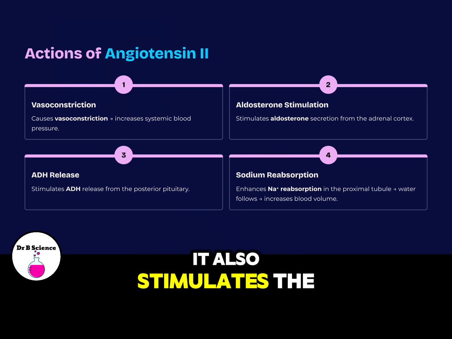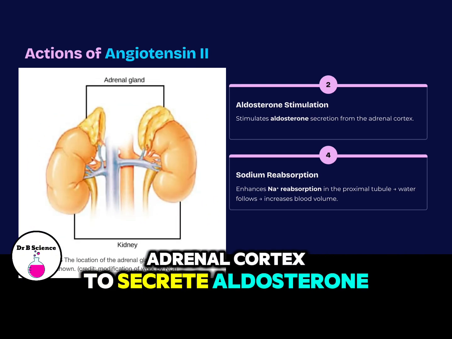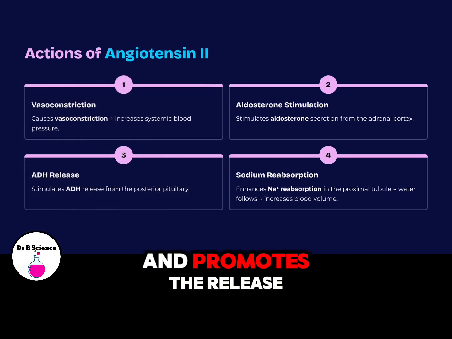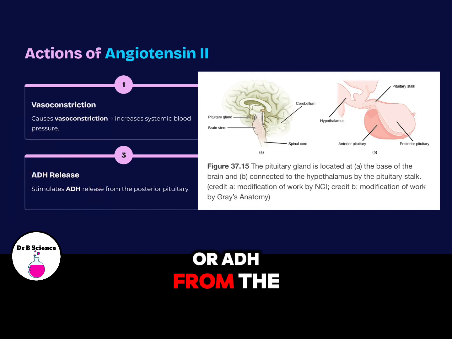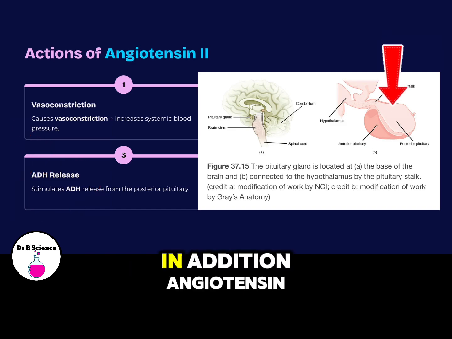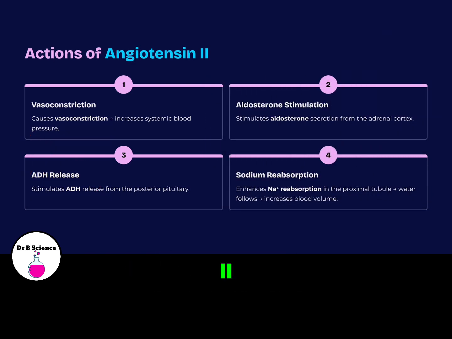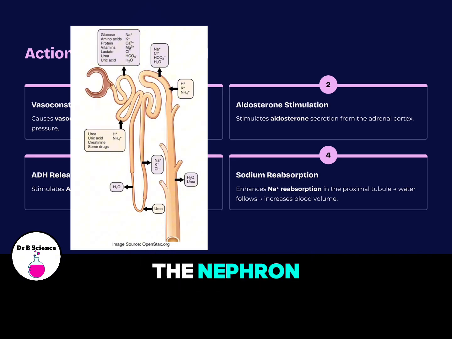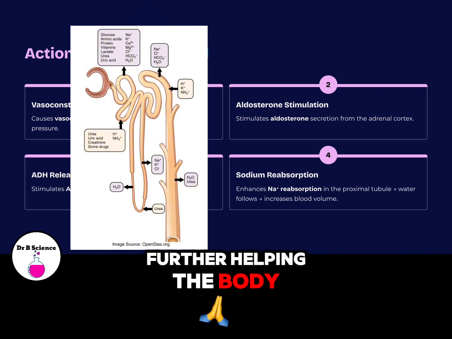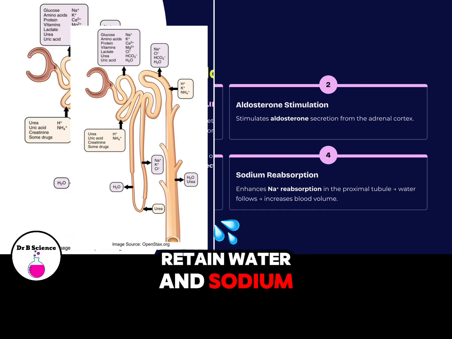It also stimulates the adrenal cortex to secrete aldosterone and promotes the release of antidiuretic hormone, or ADH, from the posterior pituitary. In addition, angiotensin 2 increases sodium reabsorption in the proximal tubule of the nephron, further helping the body retain water and sodium.